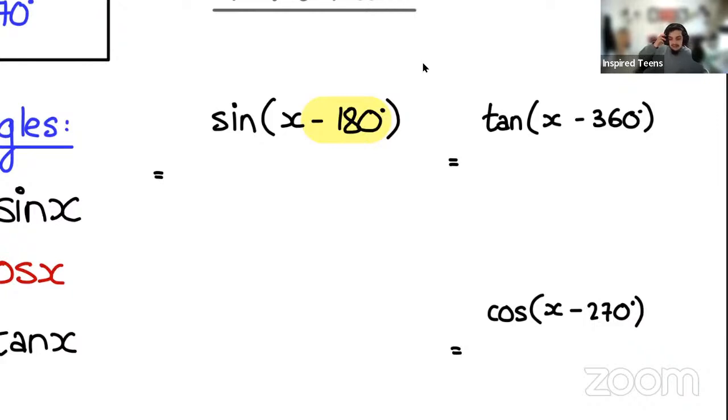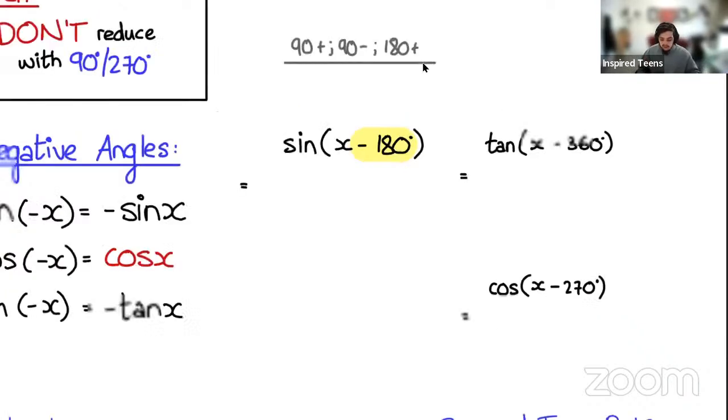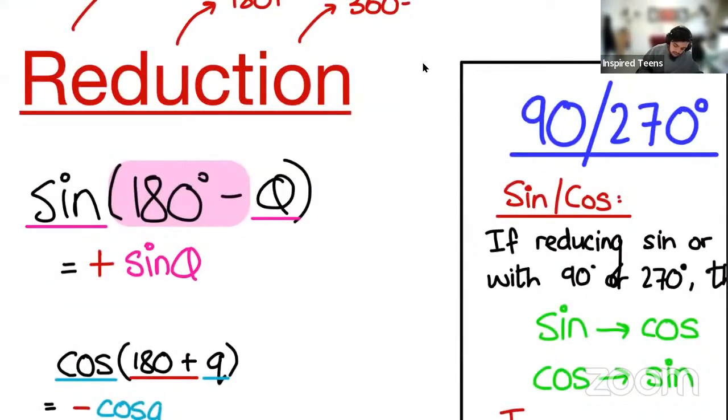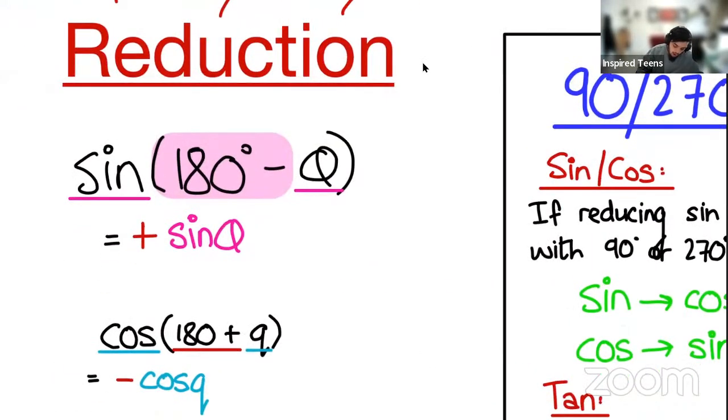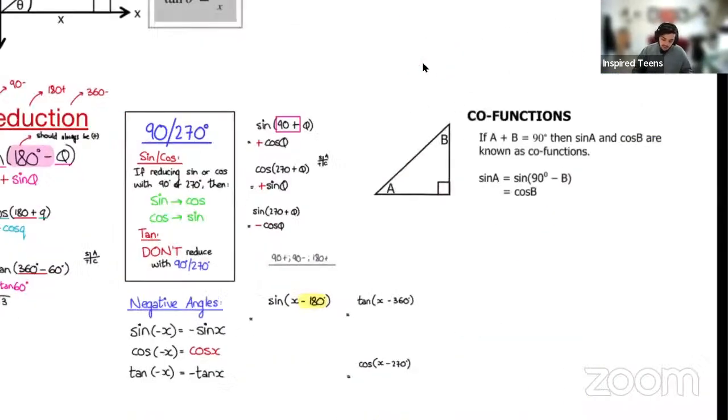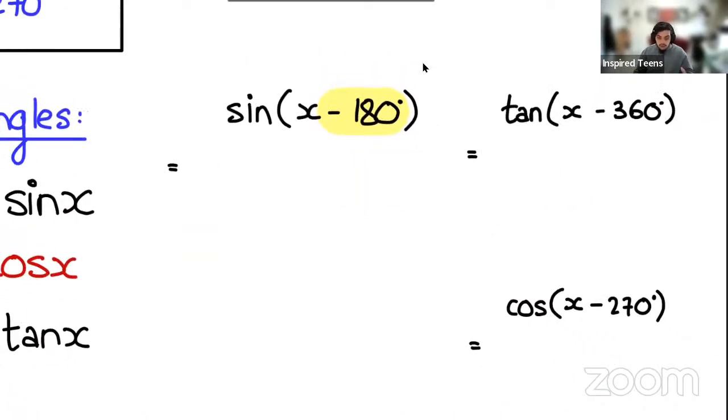So this is negative 180. This is incorrect. We cannot have a negative angle. This must always be positive. When we have a negative, it's an issue and we cannot reduce.